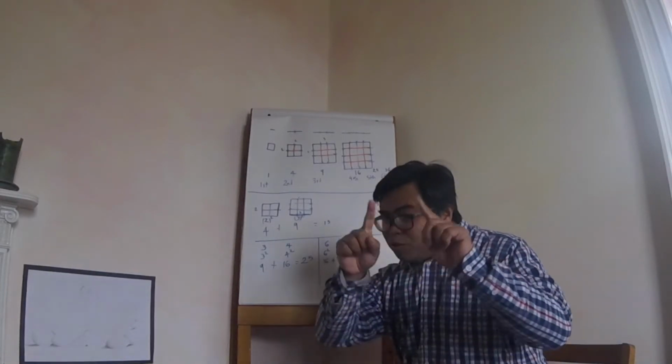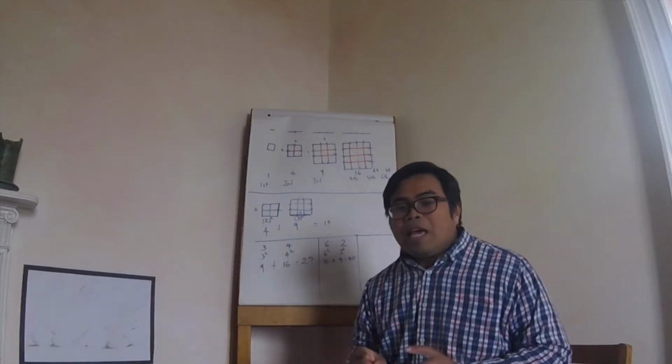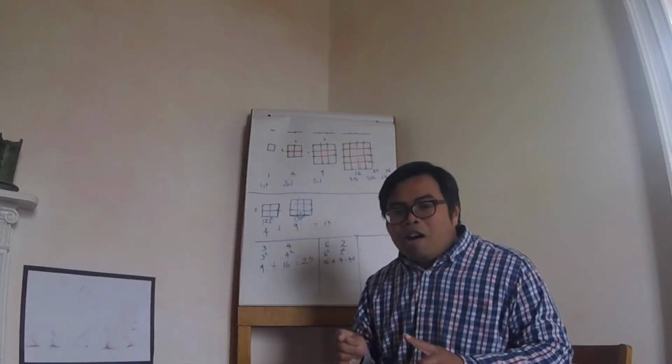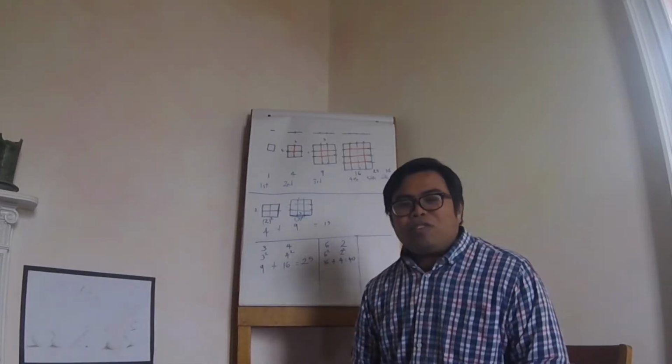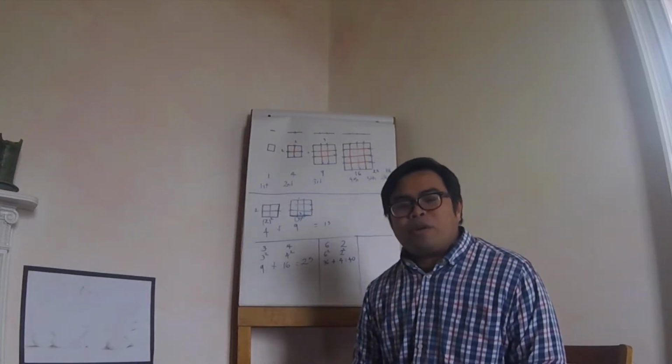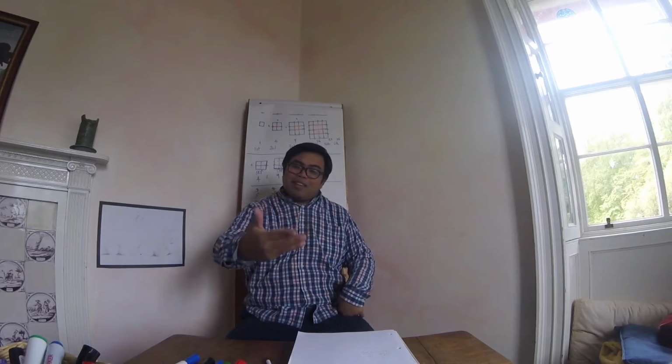If I have a big square, and within that big square are 100 little squares, what was the original line before you squared it? 10. Yes. I just got my homework. That's why it's good. The reason why we're having this conversation is because you've done your work.